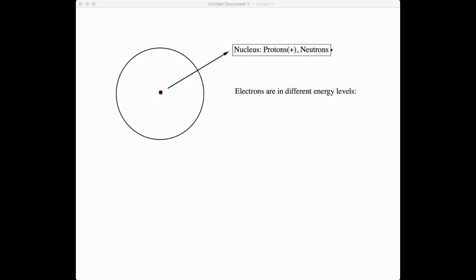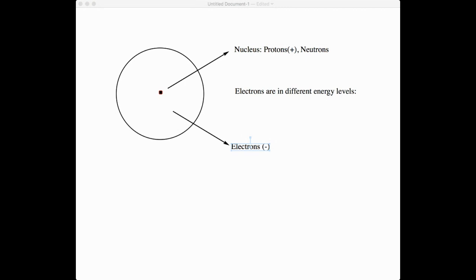And then the nucleus is surrounded by this space, and all this volume is occupied by electrons. As we know, electrons are negatively charged. So I'm gonna write here now, electrons are occupying the rest of the space, and they are negatively charged, okay?